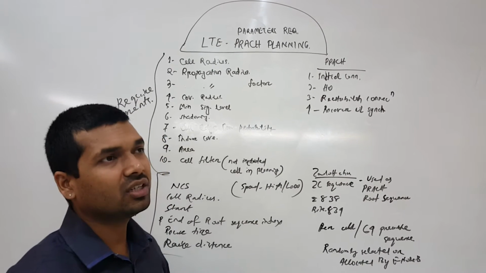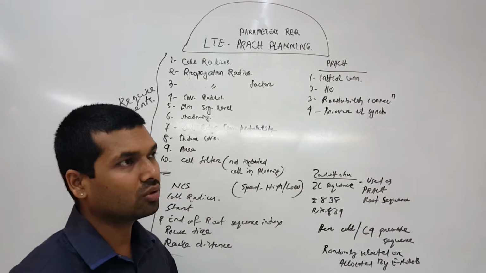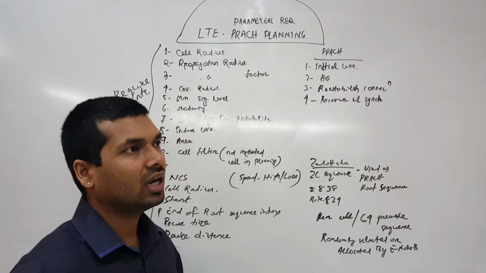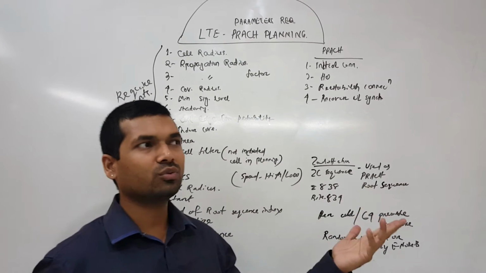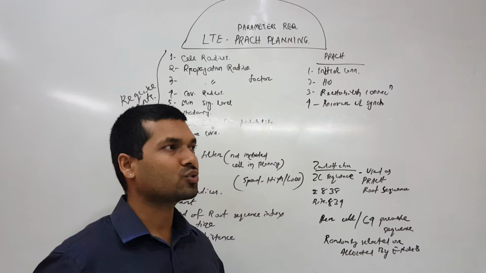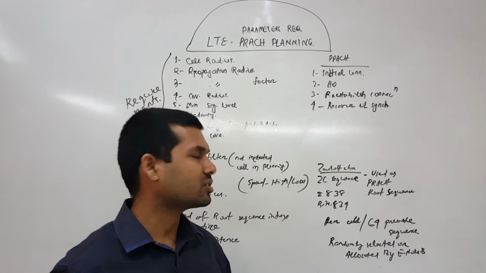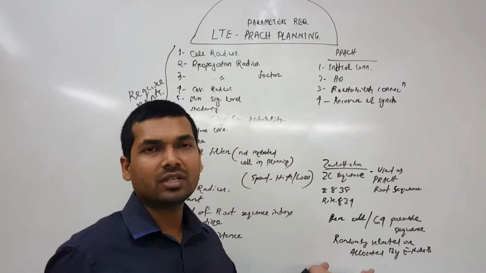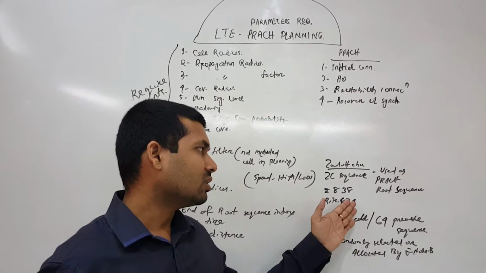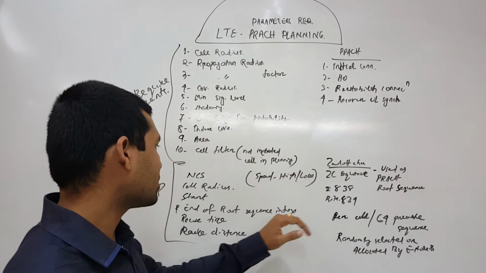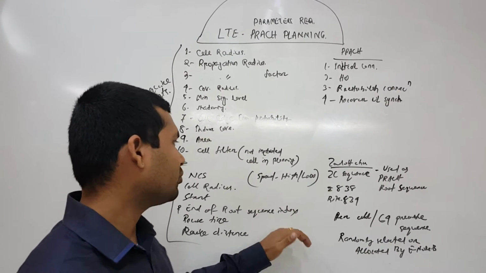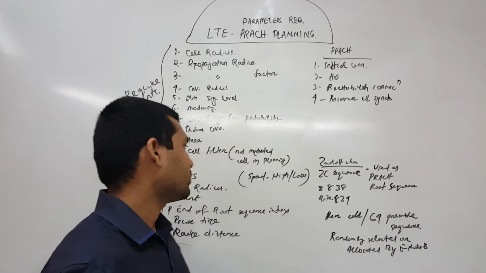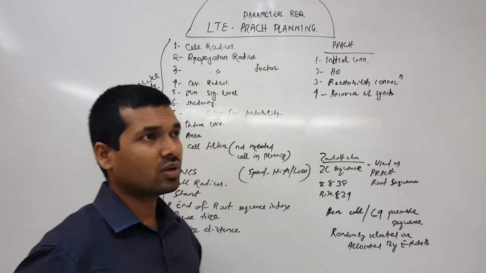This 838 we use in our LTE network, so that we have 64 unique preambles, and we have to make sure we do not interfere with the neighboring eNodeB preamble, to avoid a collision or clash of the same preamble being sent by the eNodeB, if it is not planned properly, or the ZC sequence start or end of root sequence index is not proper, or the NCS is not proper. So all these things we have to plan in a tool.